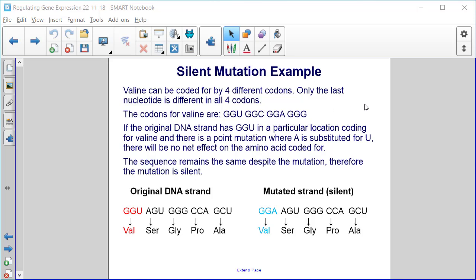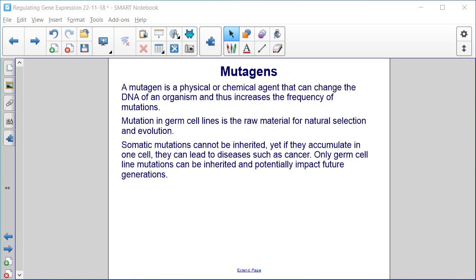If the original DNA strand has GGU in a particular location coding for valine, as you see here, and there's a point mutation right at this 3rd base where A is substituted for the U, there will be no net effect on the amino acid coded for. The sequence remains the same despite the mutation. Therefore, the mutation is silent.